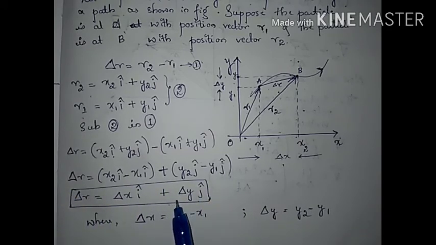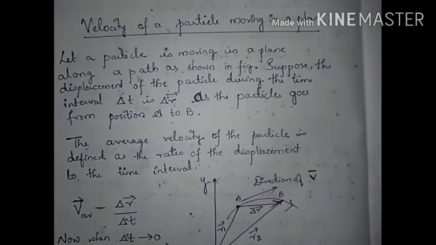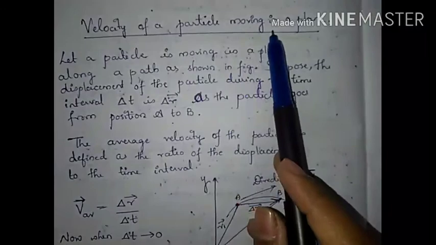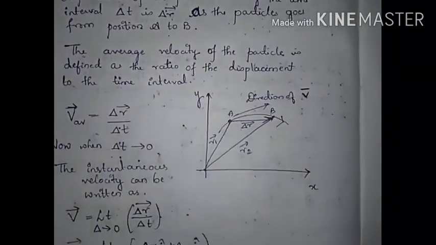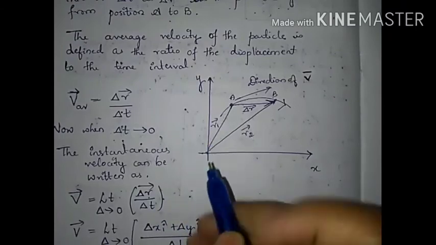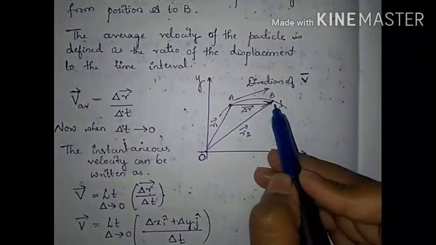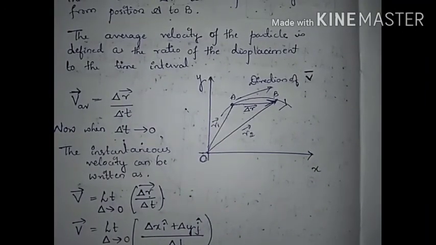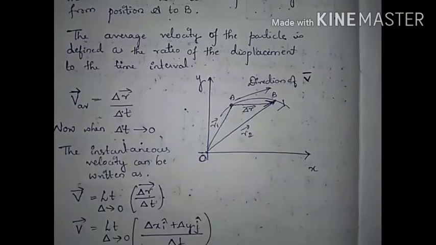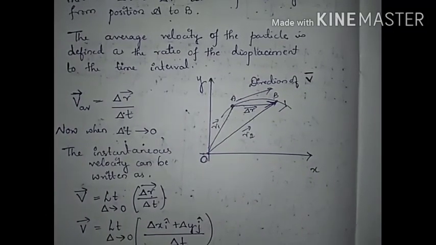With the help of this we found the velocity of a particle moving in a plane. To find this we have to draw the diagram again. So this is the origin. From the origin you draw two position vectors to points on the path of the particle.